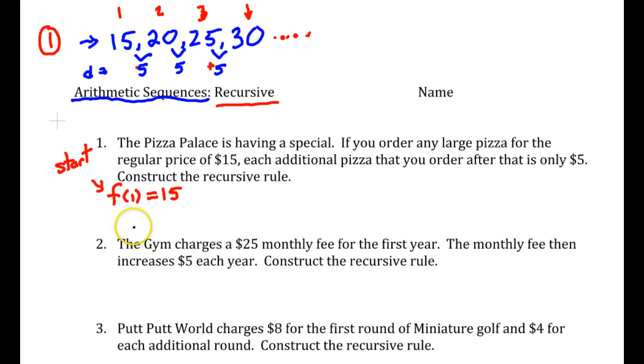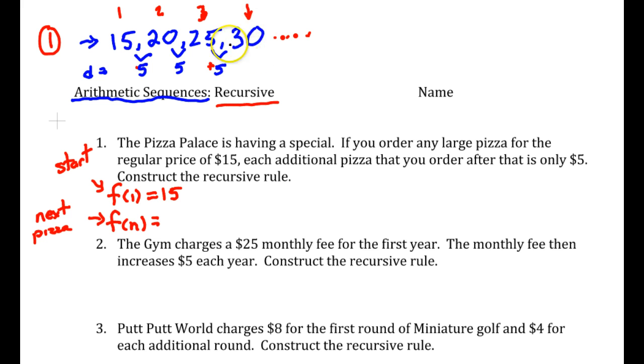Now, in general, what will the cost of the next pizza be? So f of n, that's going to be the next pizza. If you want to think of the n as next or new, what's the new cost or the next pizza cost?